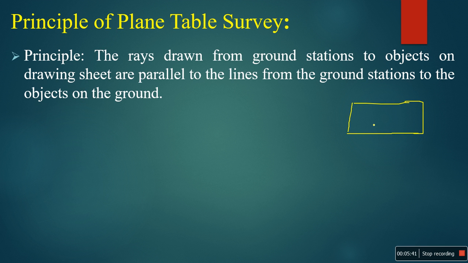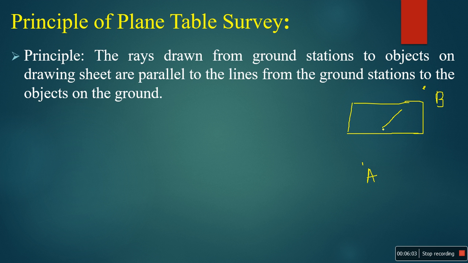In the field there are two points, say point A and point B. Suppose you have to draw this distance AB to some scale on a drawing sheet on the plane table using the accessories of the plane table.